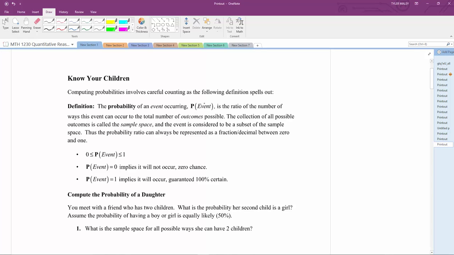So the first thing here, the probability of an event, right, is a ratio. And this is the classical definition.